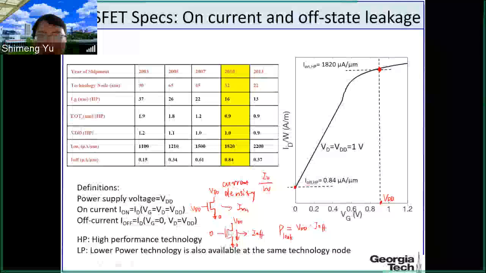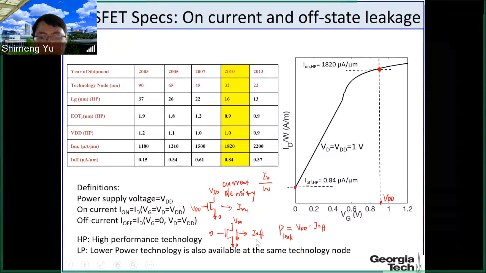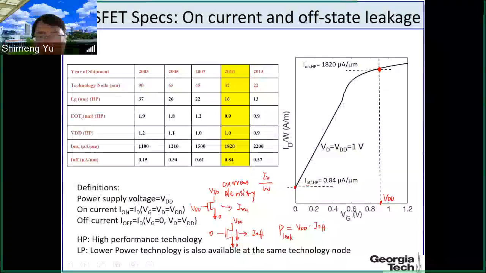Even in the standby mode or sleep mode, the software programs are not running at all. As long as you power up your chip, you are consuming power. And this is the reason.